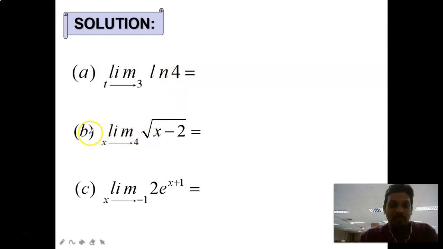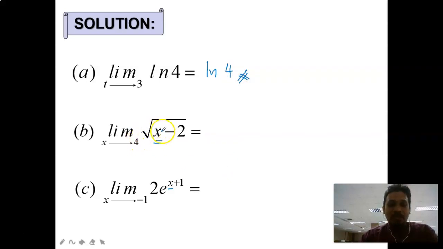Just like in example b, when x approaches 4, there is an unknown x, and when x approaches -1, there is an unknown x. But for the first one, there is no unknown t in the function, which is only ln 4. So it is equal to the natural log of 4. Next one.